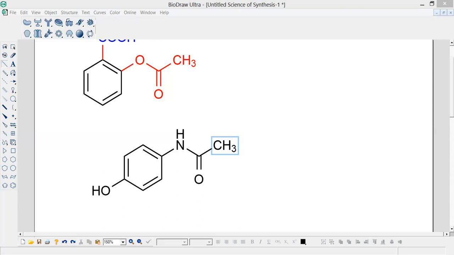Now select this and go to the structure menu and convert this structure to name. You will get the exact IUPAC nomenclature of that compound, that is metronidazole. Metronidazole is the general name of this drug.